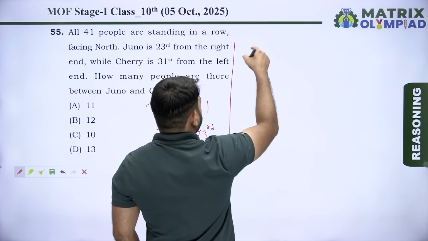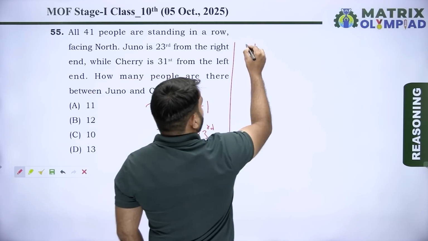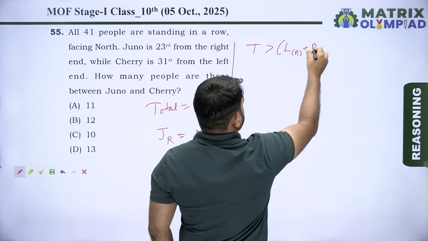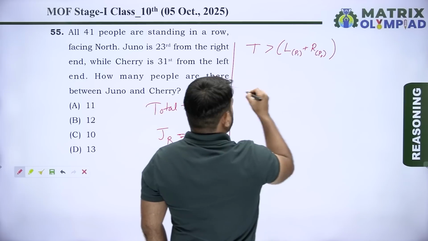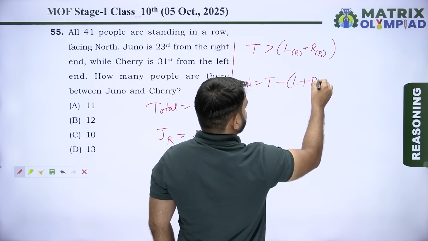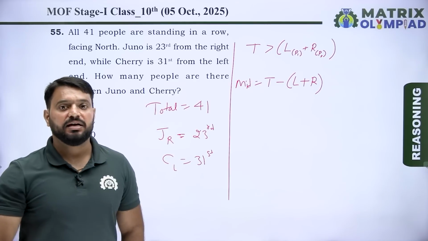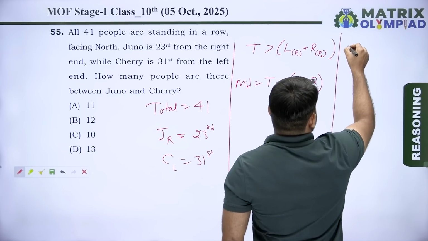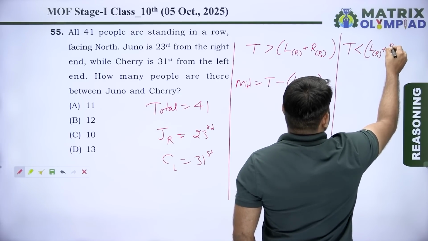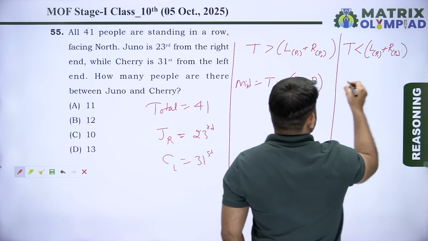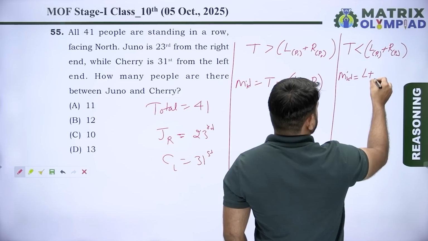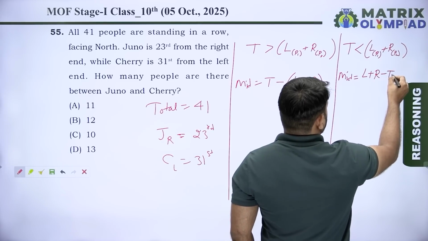So there are two cases for finding the number of middle persons. If the total is greater than the left position of the first person plus the right position of the second person, then the number of middle persons is total minus left position of the first person plus right position of the second person. Second case: if the total is less than the left position of the first person plus the right position of the second person, then the number of middle people is left position of the first person plus right position of the second person minus total, minus 2.